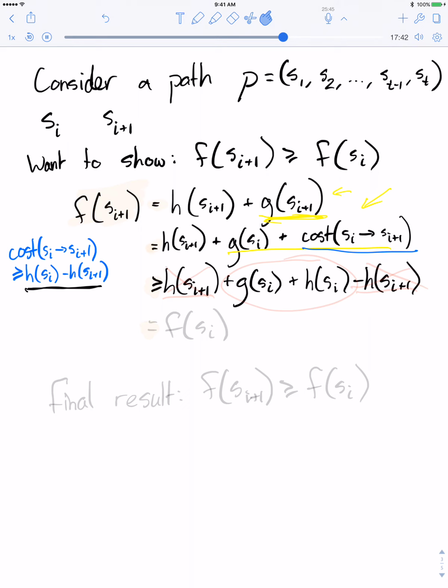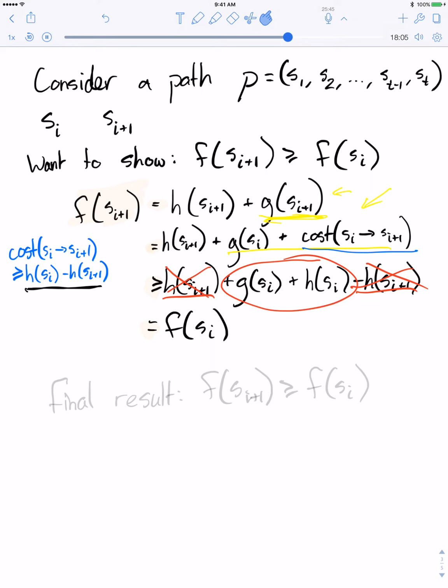You might see where this is going. Now what can we do? Well, we have an H of Si plus 1 here minus H of Si plus 1. Those cancel out. And we're left with this, G of Si plus H of Si. Remember the definition of F, that's just equal to F of Si.